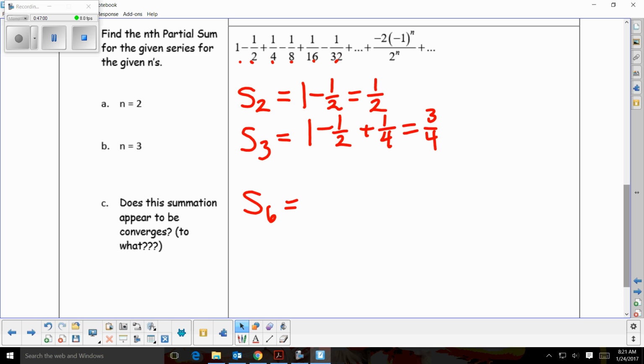Not that hard. Okay, everybody go find that. It's 0.65, 0.625. So that's what he got for S of 6.